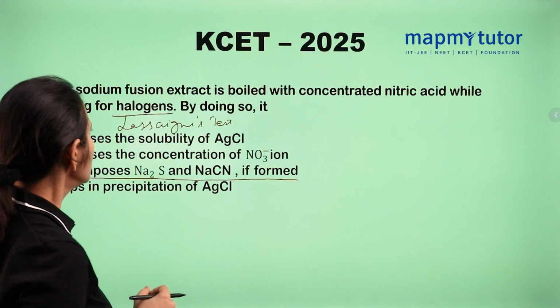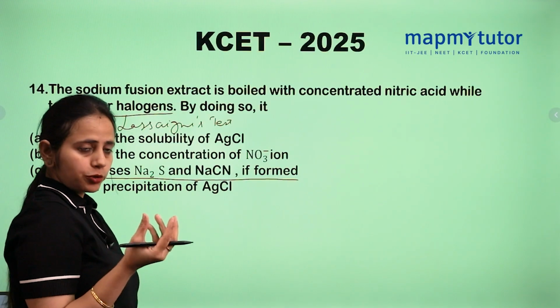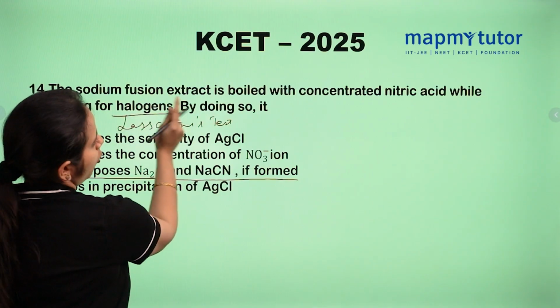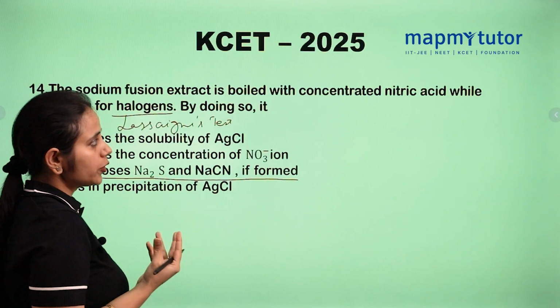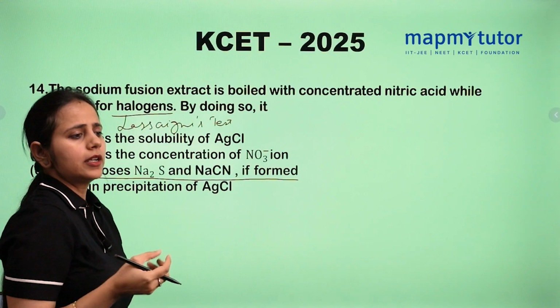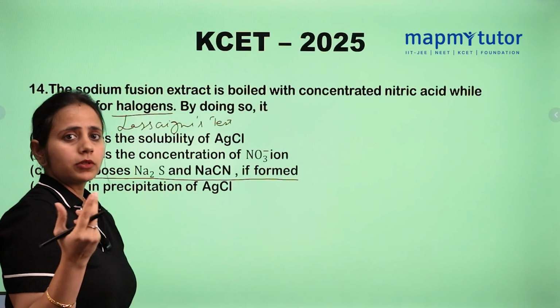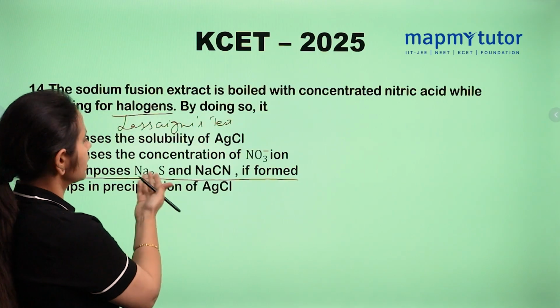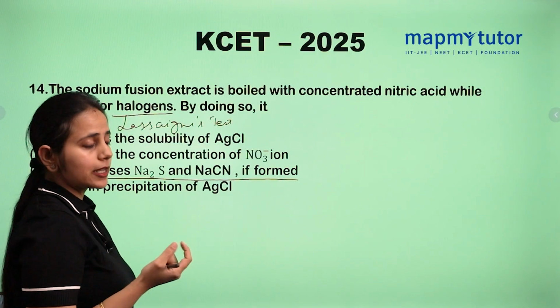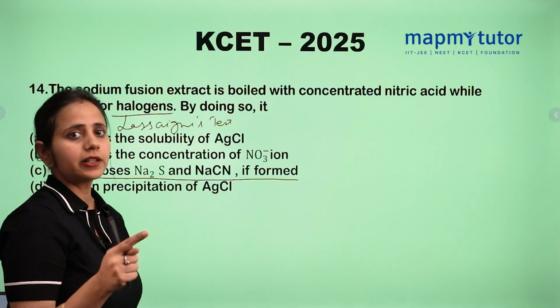Why? When we detect halogen, we boil this sodium extract with nitric acid. When we boil, there is a chance that we can get cyanide from nitrogen and sulfur from these elements, and they will interfere in the detection of halogen.